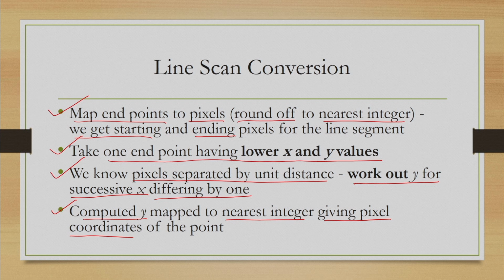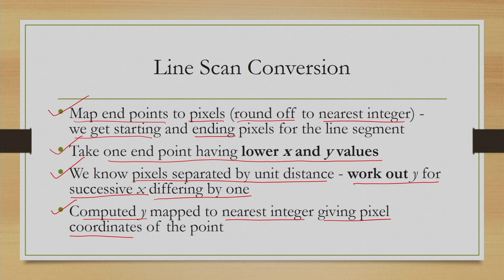So, we compute all the y values between the starting and ending pixels, and these computed y values are then mapped to the nearest integer values, giving us the pixel coordinates for those points.